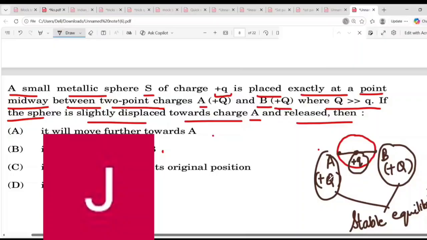This is plus q and this is also plus Q. They will repel each other. So when they come towards each other, what will happen? This plus q, when it moves toward this, it will ultimately go back to the center position.